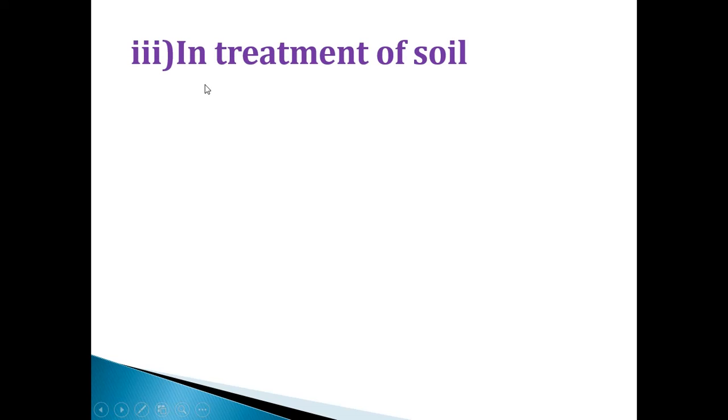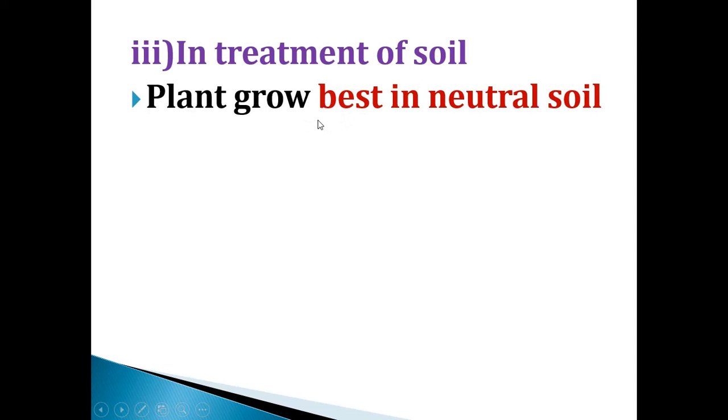Now, the neutralization reaction is also used in the treatment of soil. Plants grow best in neutral soil. Neutral soil means soil which contains the same amount of acid and base. So a neutral soil helps plant growth.